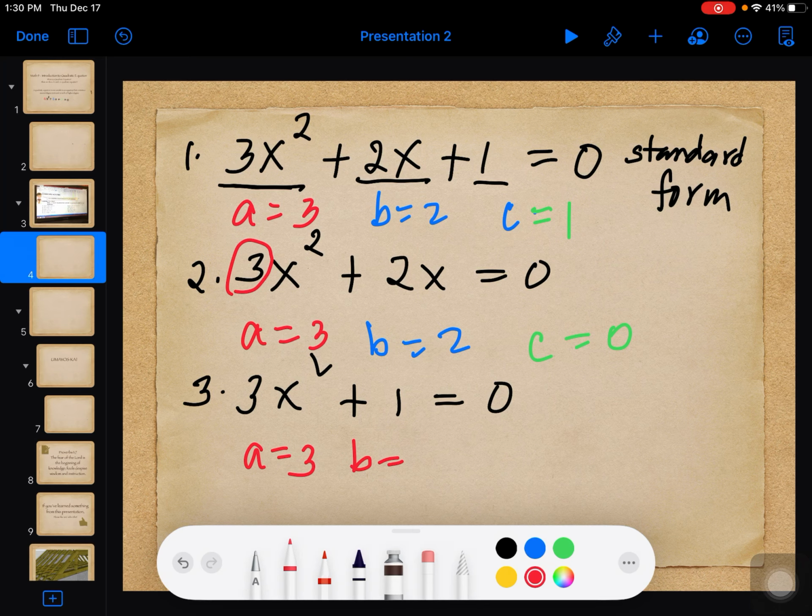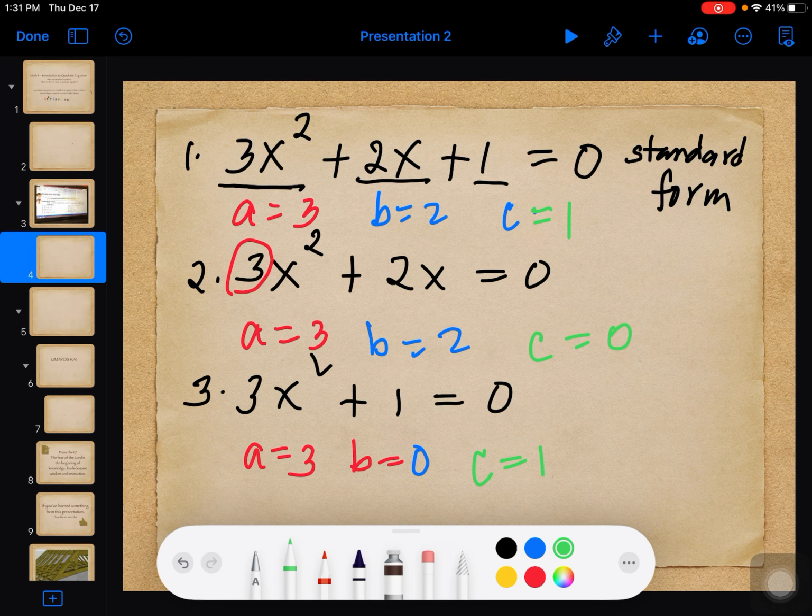It's not necessarily the next term that you see closest to the second degree term. b should be the first degree term, and you cannot see any first degree term in my third example. That's why it should be equal to 0. And then for c, as you see, there's a constant term 1. That's why c equals 1.